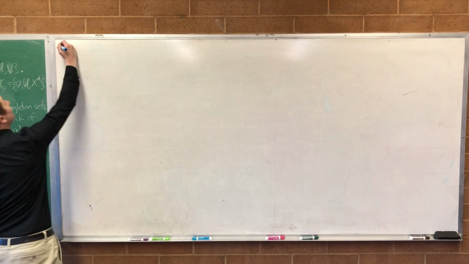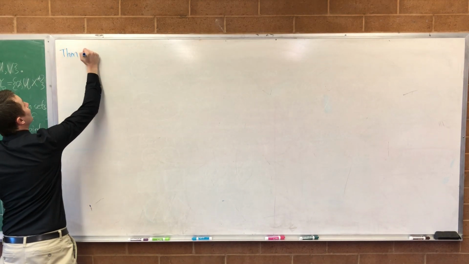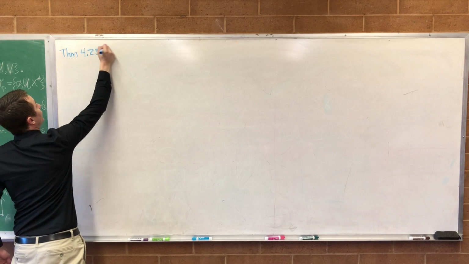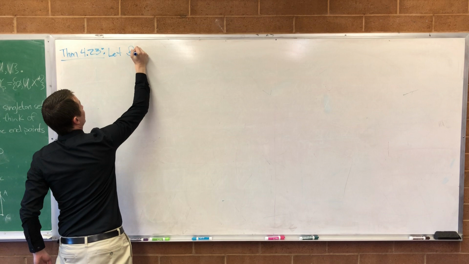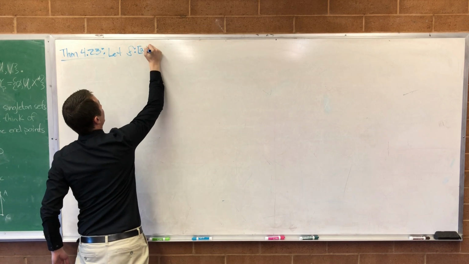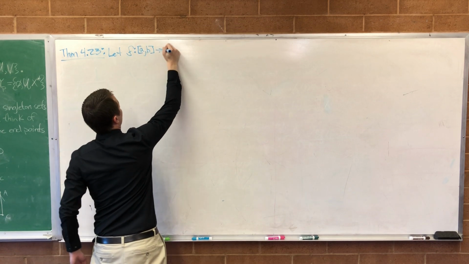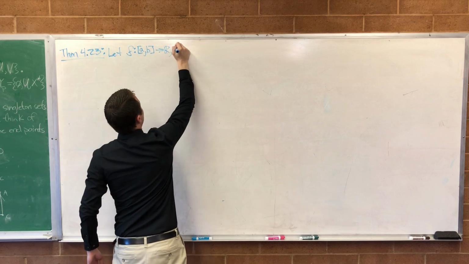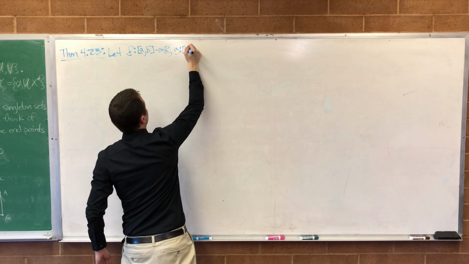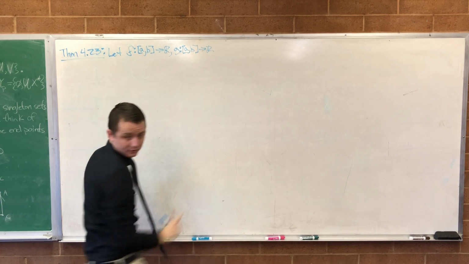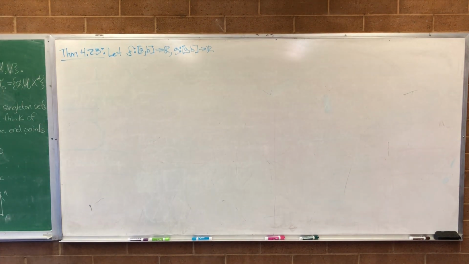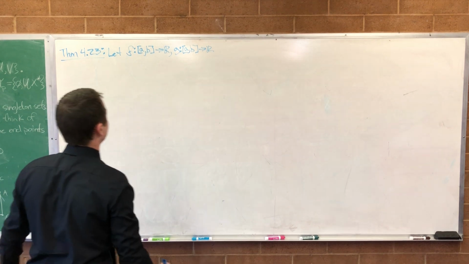This is theorem 4.23. So we have, let f be a function from a closed interval [a, b] to R, and g be a function on the exact same interval to R. Let that and that be continuous on the closed interval [a, b].